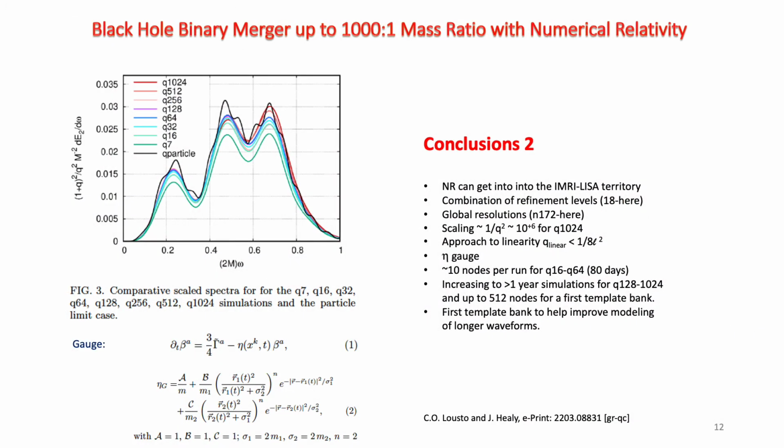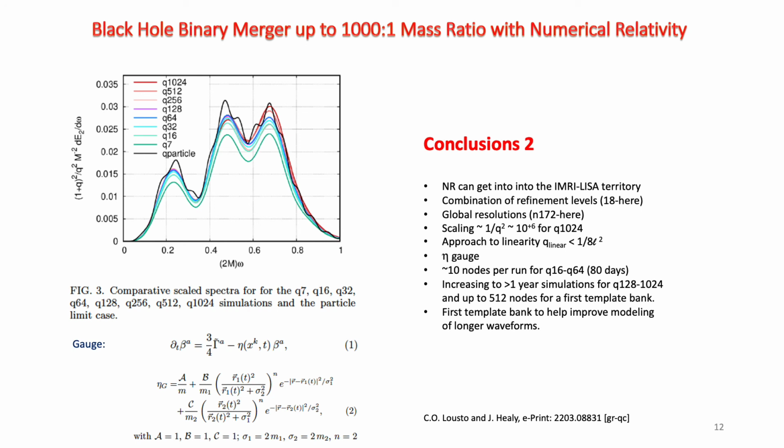A more detailed feature of the gravitational waves is provided by the spectrum of radiation. This gives us the opportunity to study the approach to linear regime as we move from Q7 toward Q16 and then up to Q1024. We approach the particle limit here in continuous black line.